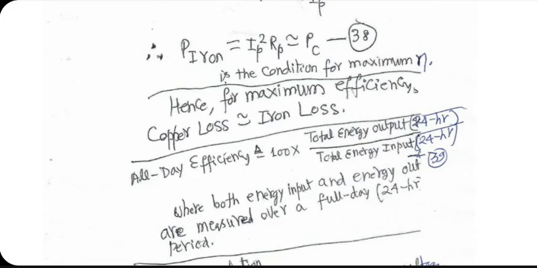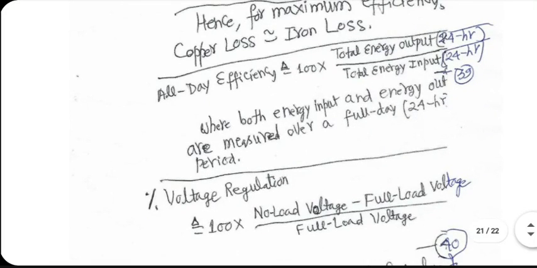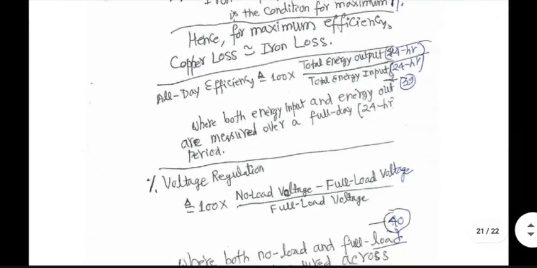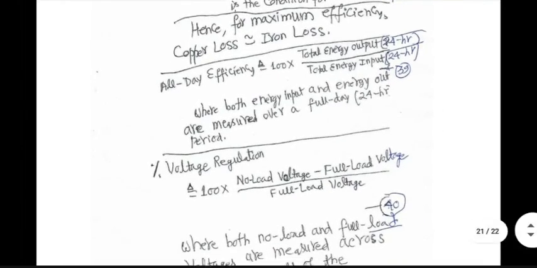This gives you a more realistic description of reality. Of course, if losses are high, all day efficiency will be poor as well as the power efficiency will be poor. If losses are low, both of them will be higher, but they will not be equal to each other. All day efficiency will never be equal to power efficiency.